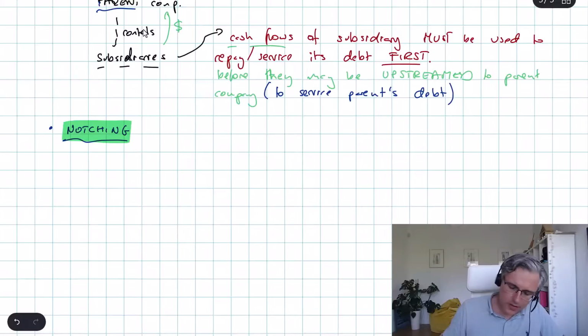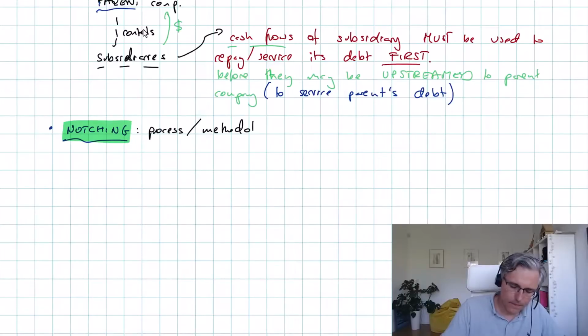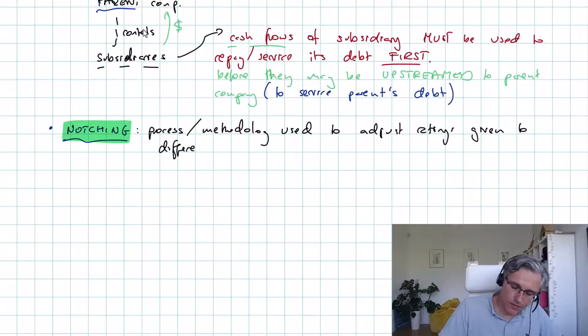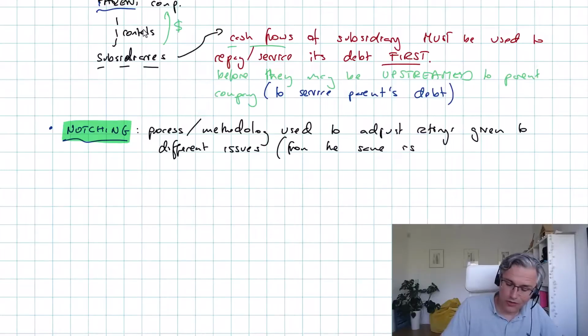And notching is, generally speaking, the process or the methodology used to adjust the ratings given to different issues, bond issues, note issues, but from the same issuer.